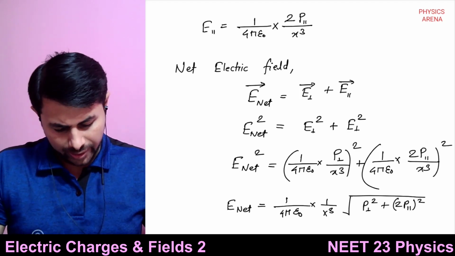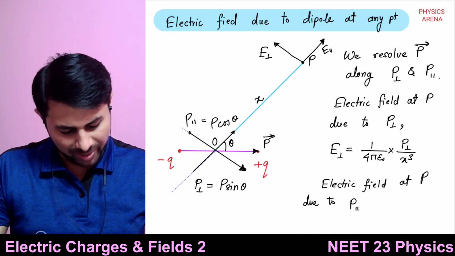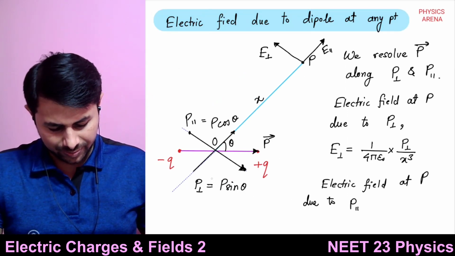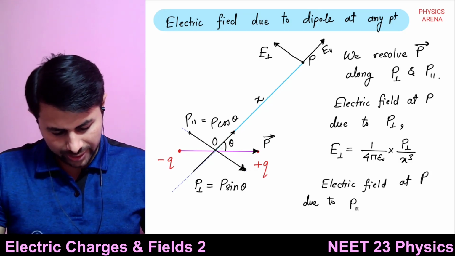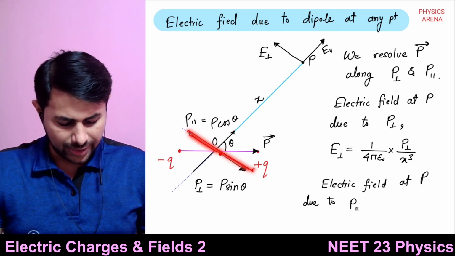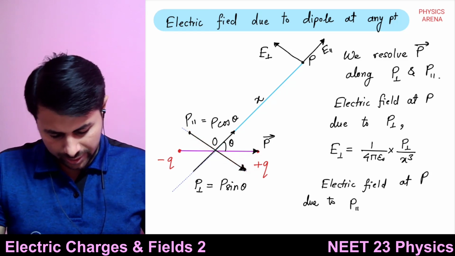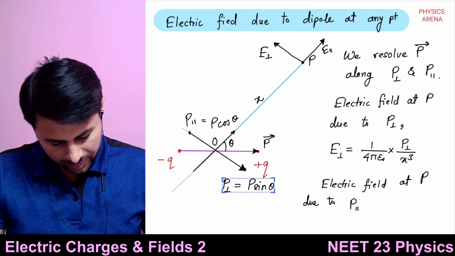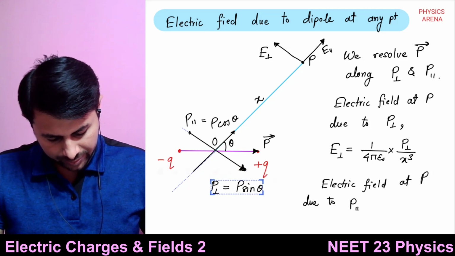Okay, good. Then what is P perpendicular and P parallel? So P perpendicular is dipole moment of this thing. It is P sine theta, right?